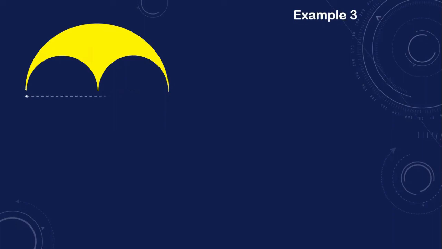Okay, the diameter of this big circle is 2r. And the question is, find the center of mass of this composite object.